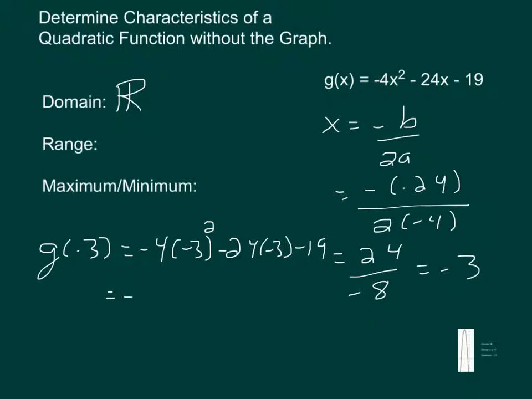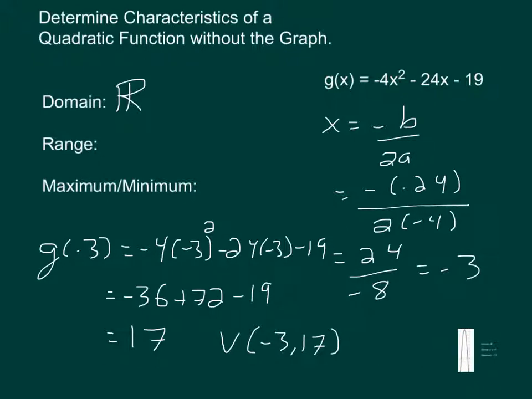Multiplied by -4 is -36. -24 times -3 is a positive 72, minus 19. And then -36 plus 72 is 36. And then 36 minus 19 is 17. And so the coordinates of my vertex are (-3, 17).